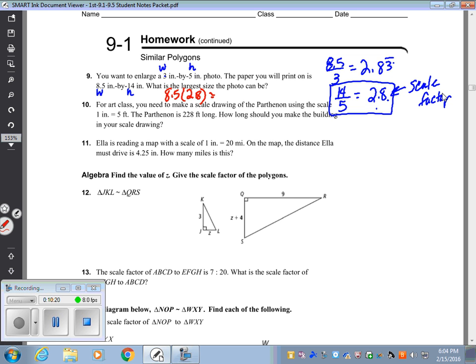Then the 8.5, or the 23.8, excuse me, 2.8 divided by, I'm sorry, I'm multiplying, should be divided by. So change this real quick.